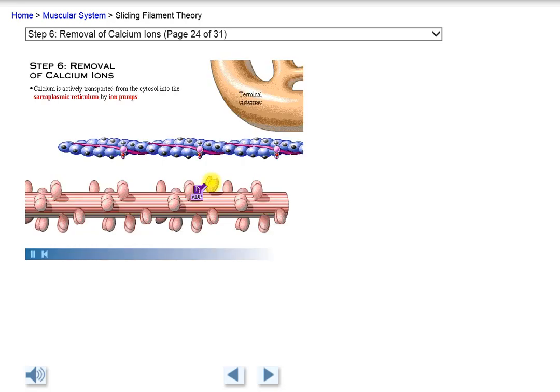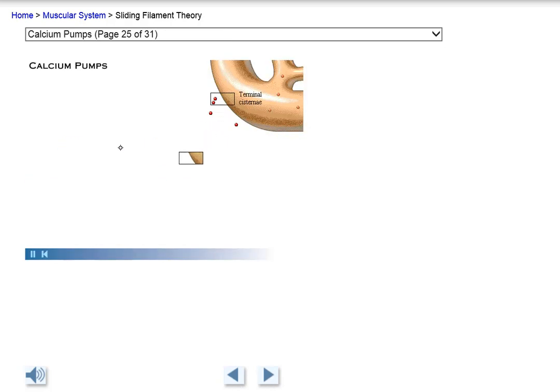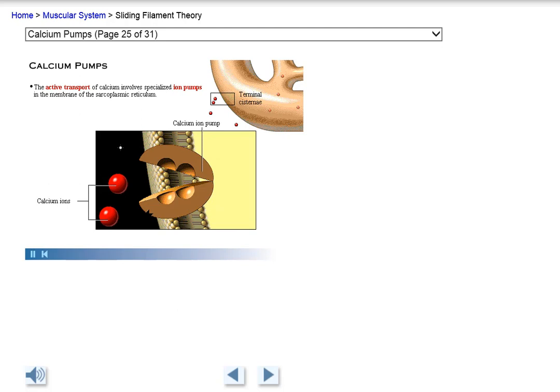In the final step, calcium is actively transported from the cytosol back into the sarcoplasmic reticulum by ion pumps. As the calcium is removed, the troponin-tropomyosin complex again covers the binding sites on actin. Click a calcium ion to see this process. The active transport of calcium involves specialized ion pumps in the membrane of the sarcoplasmic reticulum.